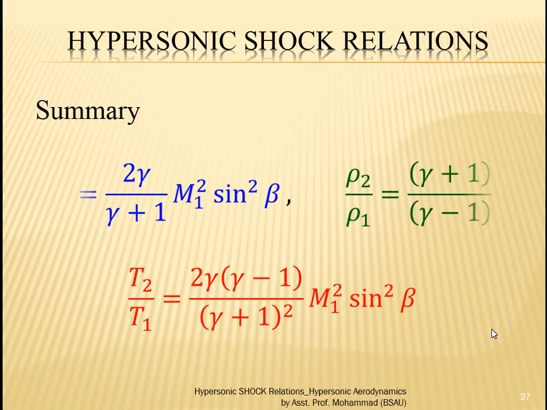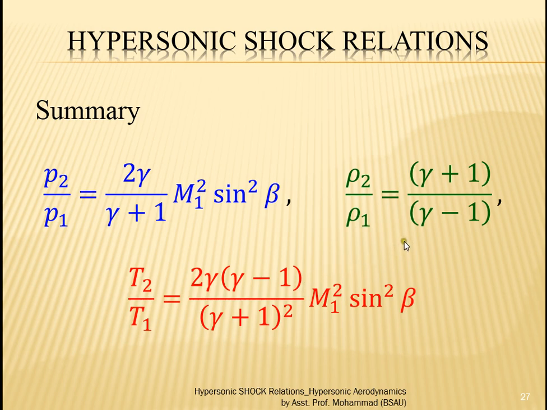Now let us summarize. P2 by P1 is 2 gamma by gamma plus 1; this is the reduced form. We have reduced it from the exact form, and rho 2 by rho 1 and T2 by T1 are also reduced forms. The pressure ratio and temperature ratio contain Mach number in their expressions. So as the Mach number increases, these values keep increasing and become very large at a very high Mach number.